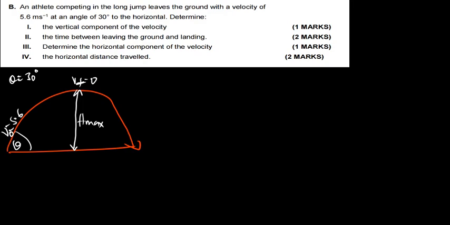Now allow me to put point A, point B, and point C for some reason. Now it's basically the same as you have something like this. So I have my velocity to be 5.6.